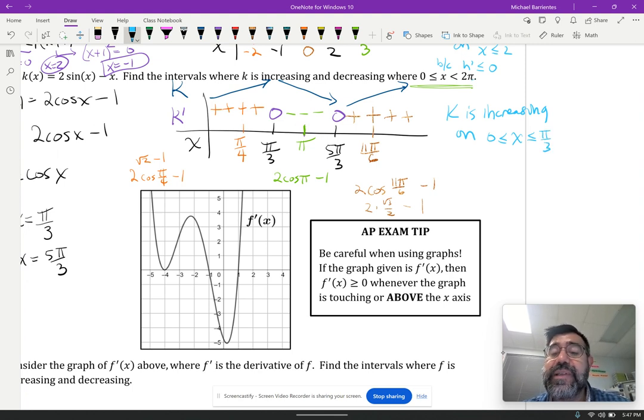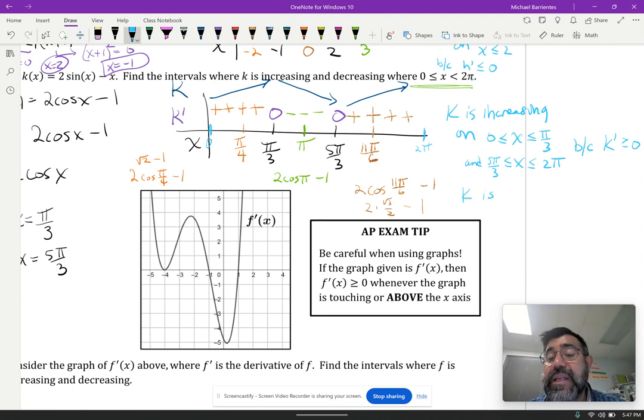It's also increasing for x's that are between 5 pi over 3 and 2 pi. So there is an ending point here, that would be the 2 pi. There is a starting point, that would be 0. So I have to say between here and here, between here and here. And that is true because k prime is greater than or equal to 0. It is positive or equal to 0 on those intervals.